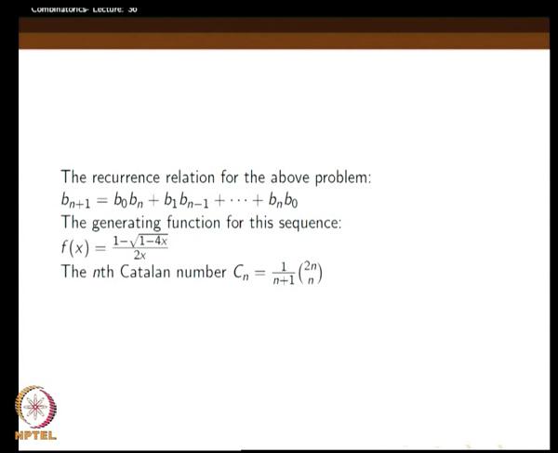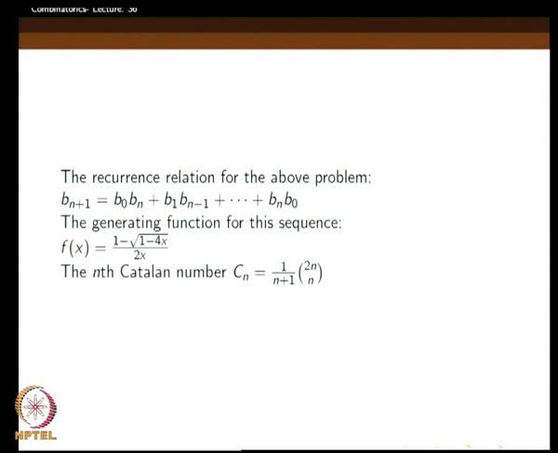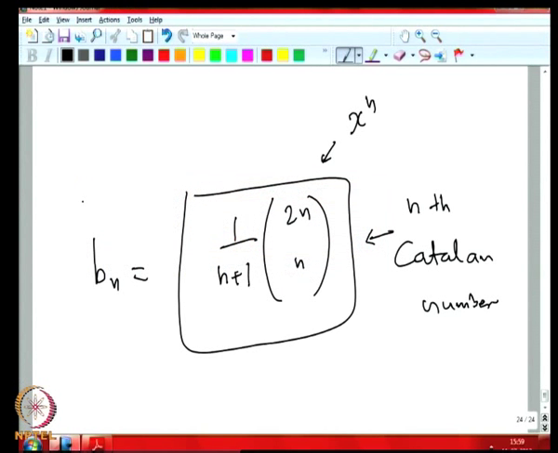So, we selected 1 minus root of 1 minus 4x by 2x as the generating function. And now we evaluated the coefficient of x raised to n; it happens to be 1 by n plus 1 into 2n choose n. This is the nth Catalan number.